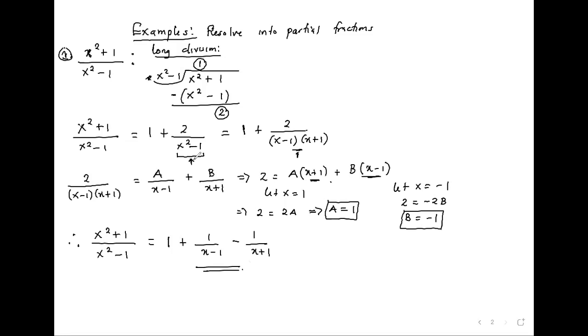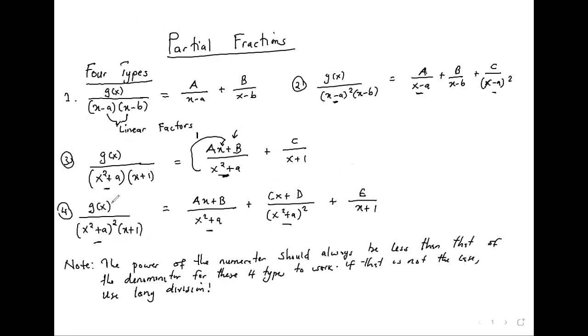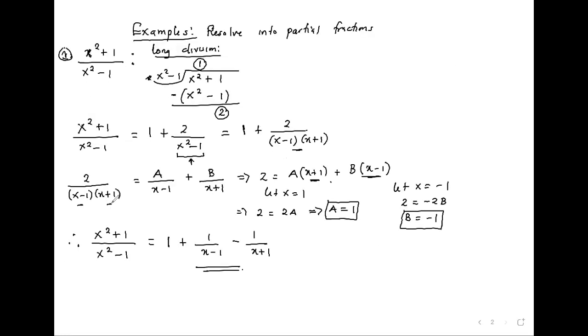It becomes the same. Then you just pick this into parts. That's the one that you resolve into parts. And because the denominators are linear, we are back to Type 1. So just split by putting A, B on top there. And then do the cross multiplication. Then solve for A and B.